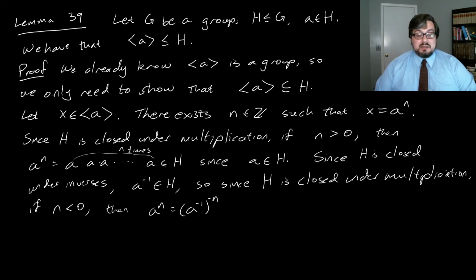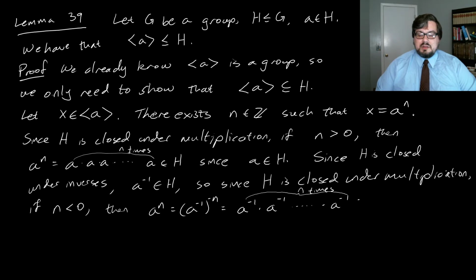Now, in this case, negative n is actually a positive number. So that's A inverse times A inverse, dot, dot, dot, times A inverse, n times. And so that has to belong to H.